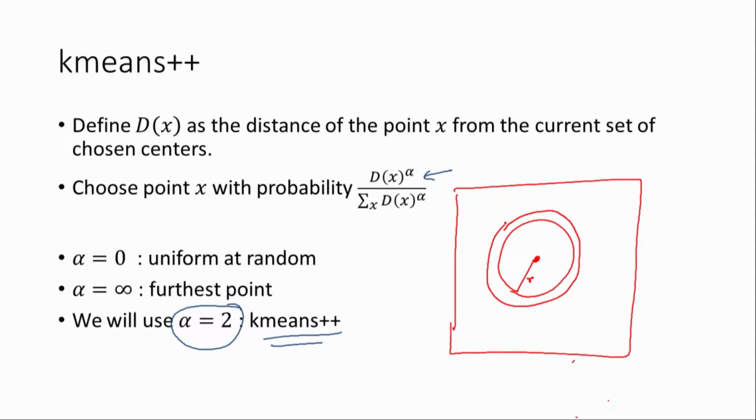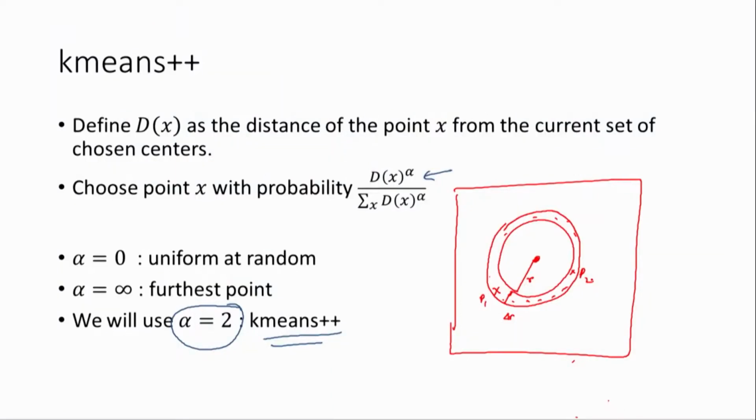Because it is thin, this annulus is of size delta r, where delta r is much, much smaller than r. So all the points in this region, let's consider this point and this point, P1 and P2. Is P1 more likely to be chosen or P2 more likely to be chosen?